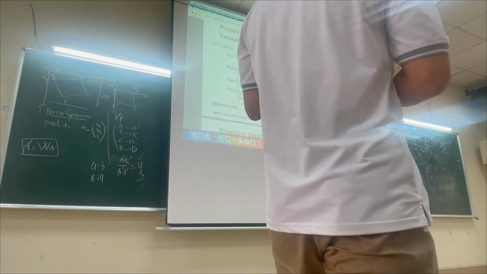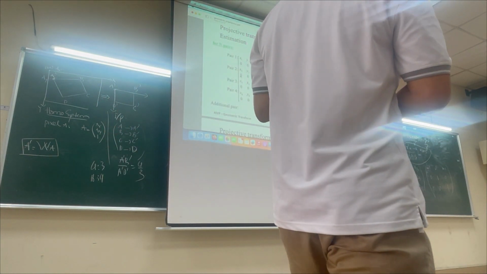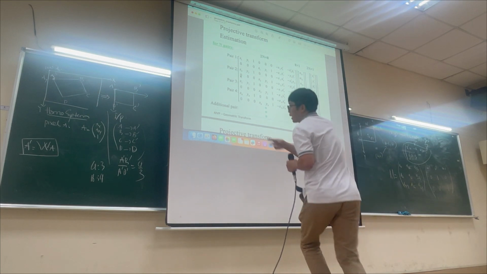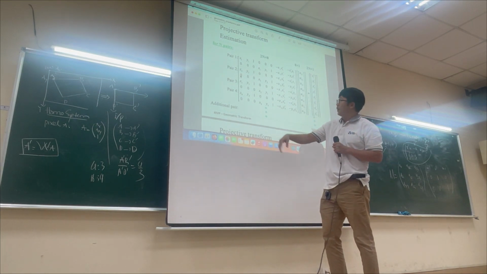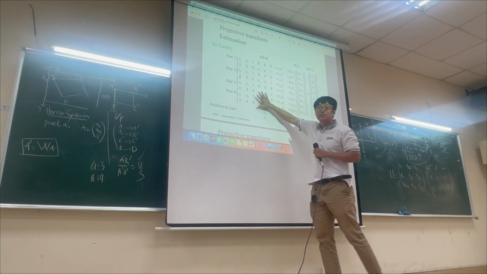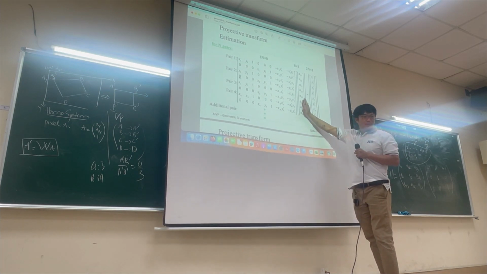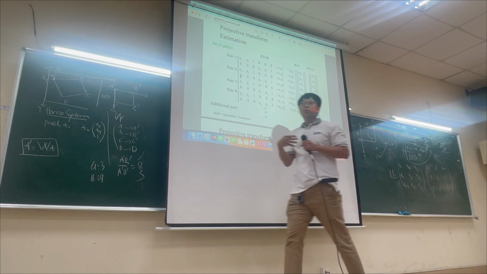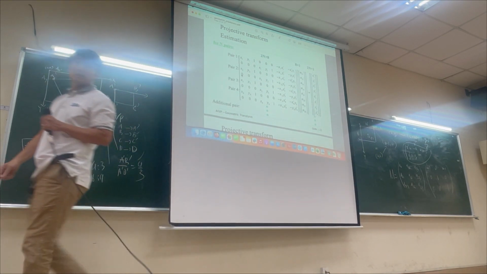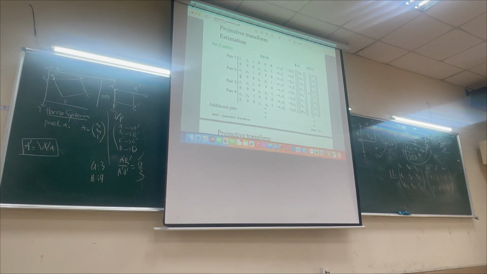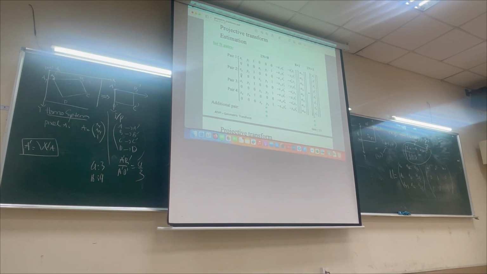Okay, right now what do you have? Because I give you pairs, you have this matrix, and you have this vector. You need to find this vector. So you have to solve a linear equation, right?